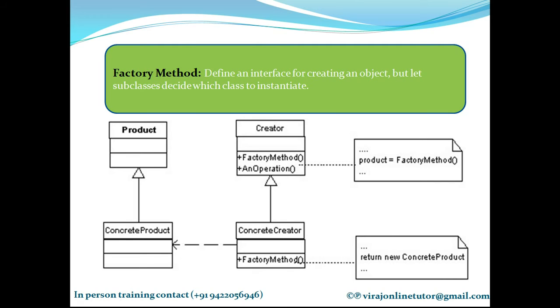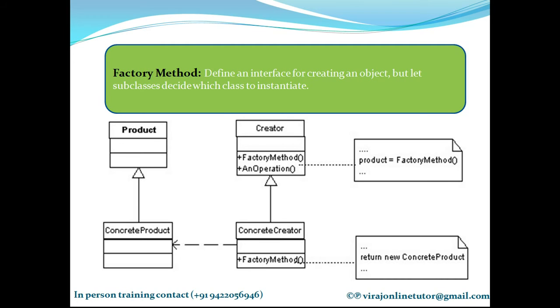If you want to override that definition in any of the subclasses, you are free to do that. So this class will no longer be abstract, and you can override the definition of factory method in the respective subclasses as you wish.